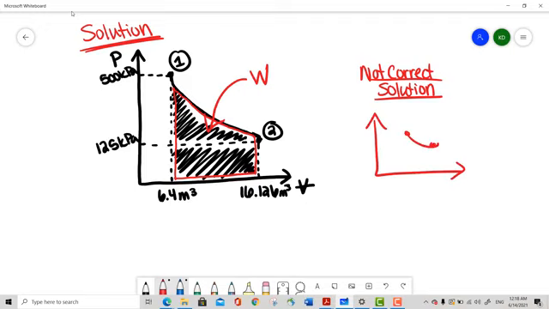That, or this. Even though it's the same kind of stuff, you're not telling me anything. If you don't give me anything over here, that's incorrect. If you're not telling me what state you're at, it's incorrect. If you're not telling me that you understand that everything under here is work, that's incorrect. If this is a line, so if your state 1 to state 2 is this, that's wrong.